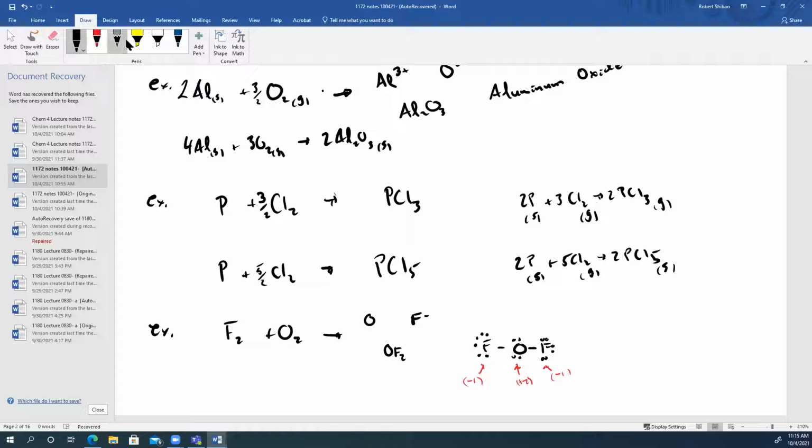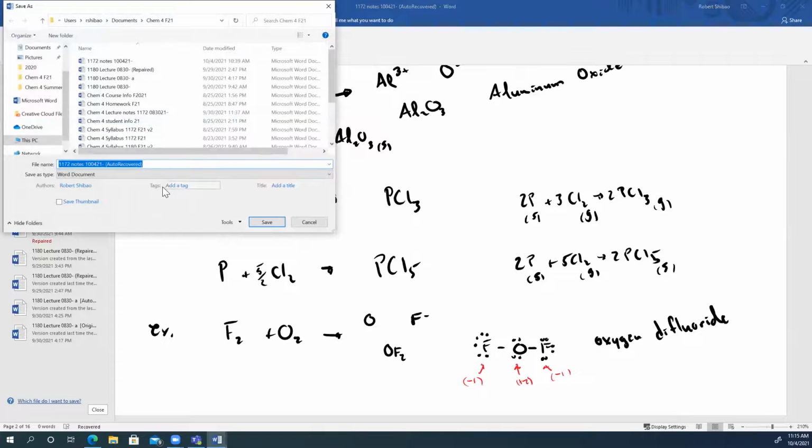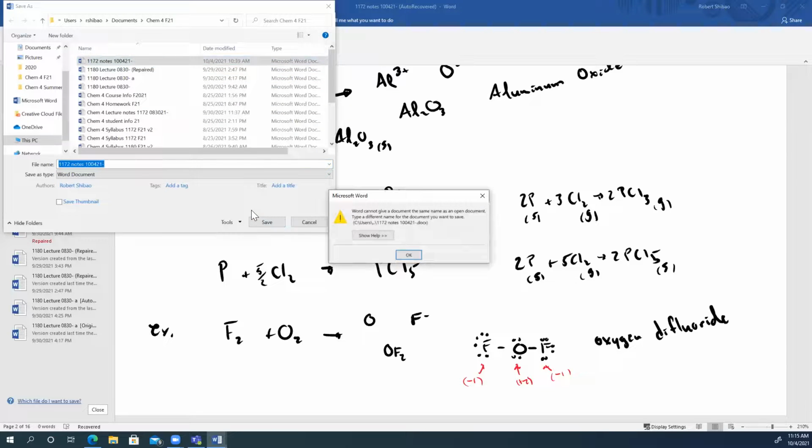What do we call this? We call this oxygen difluoride. Oxygen difluoride. Close enough.